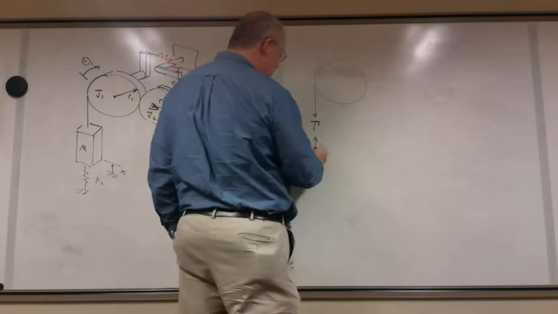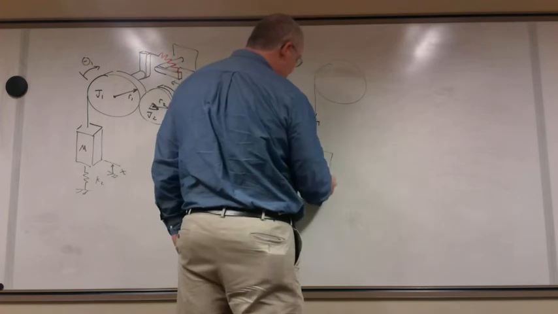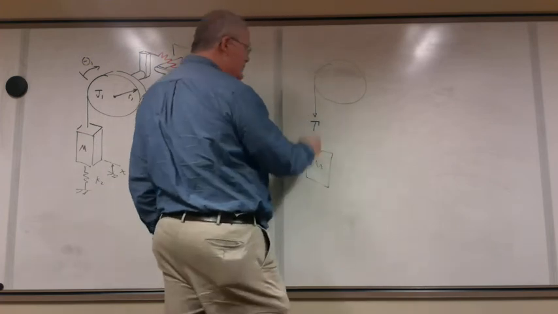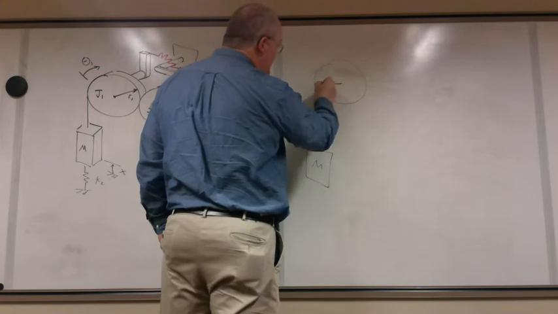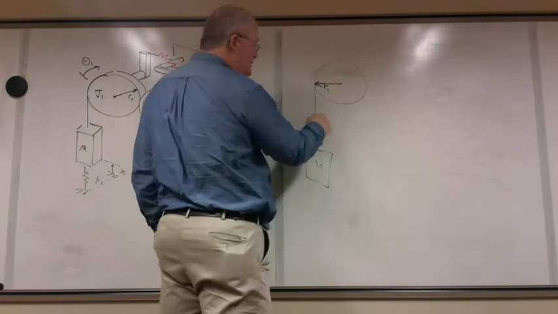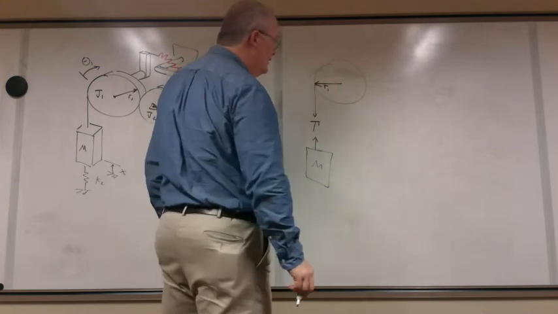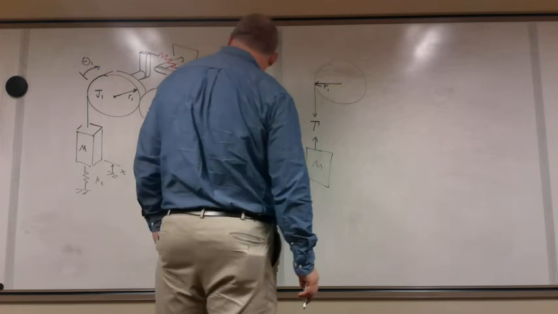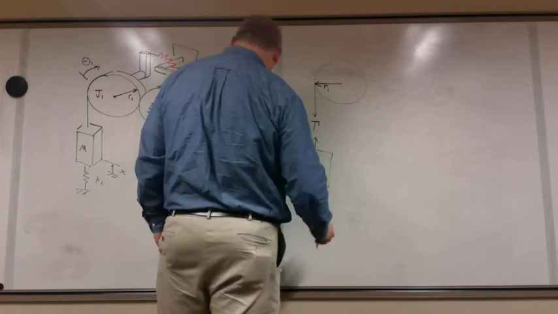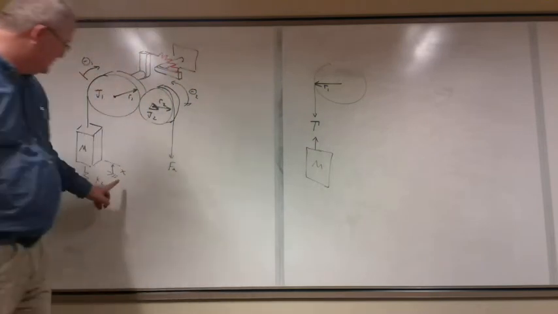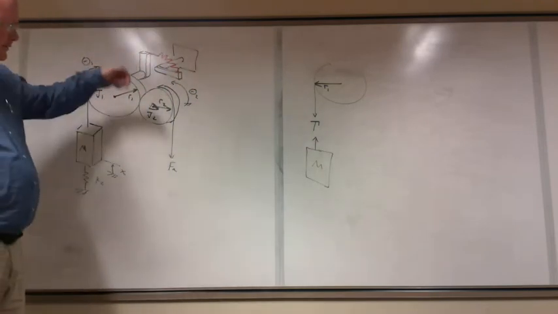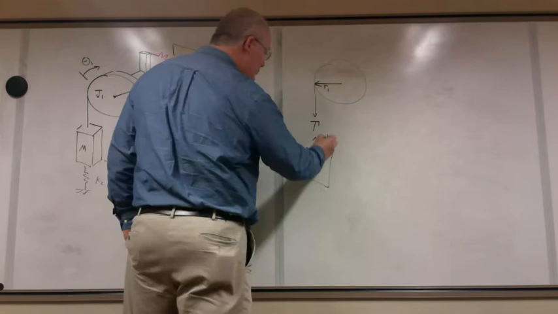There will be some tension in that cable that's applied to the mass. And as I've suggested in class, make sure that you have the tension and the radius applied right there. That's the interface. The mass is positive upward, and therefore an M v dot is going to be downward.